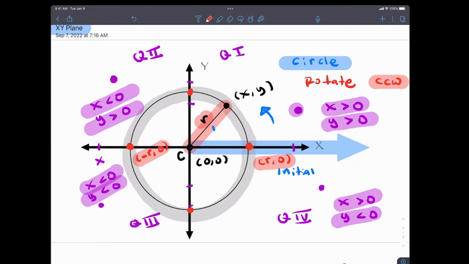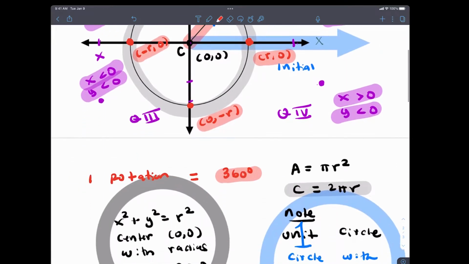What's the address here, though, since you know the radius being r? It's 0, r above here, and this is 0, negative r. Okay? So, ladies and gentlemen, believe it or not, there's a lot of information here that is very, very useful for us.